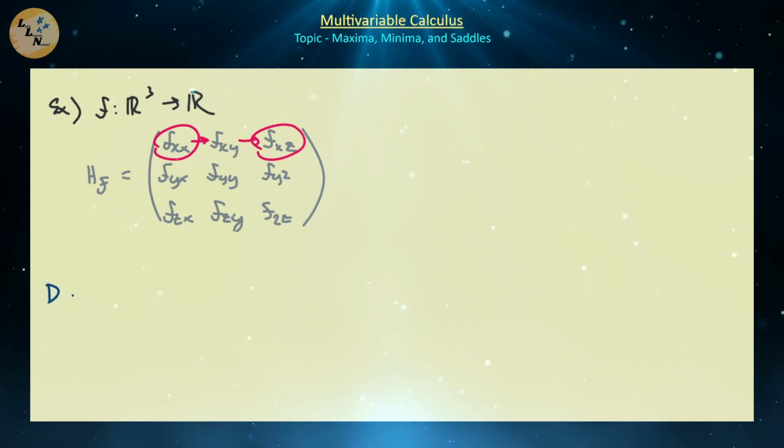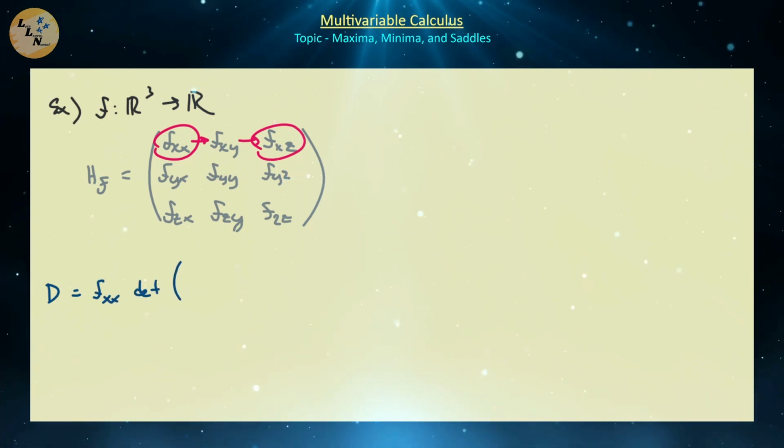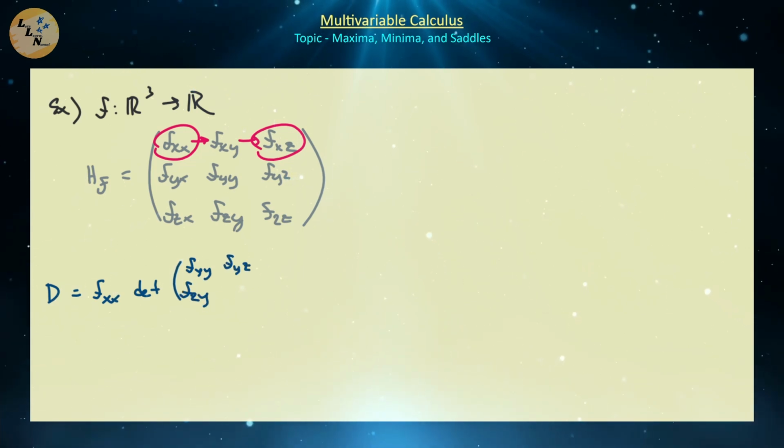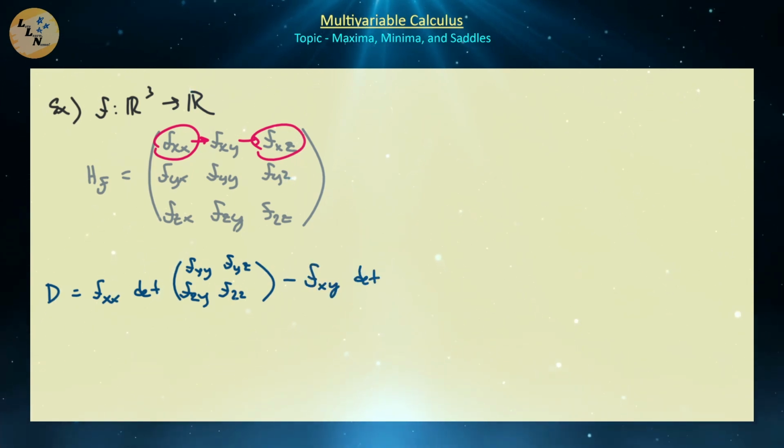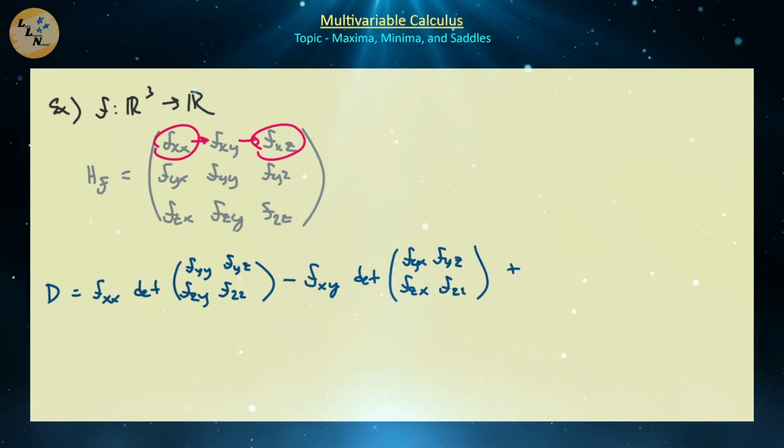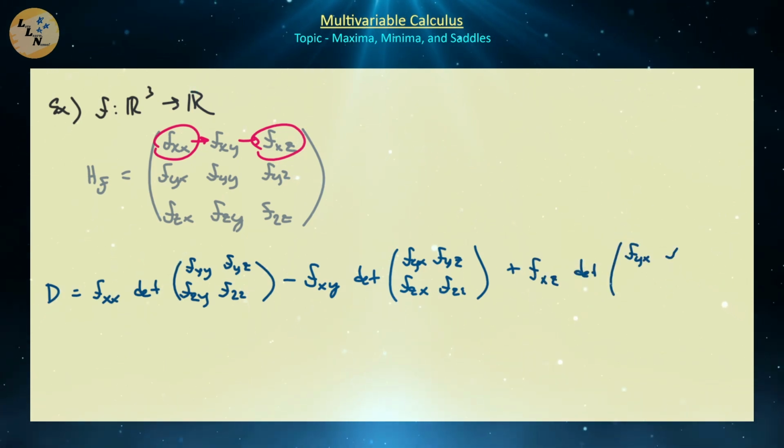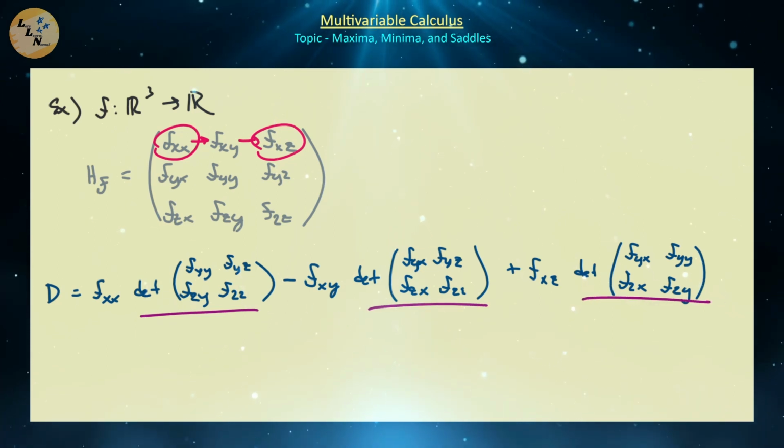So D can be represented as fxx times the determinant of fyy, fyz, fzy, fzz, minus fxy times the determinant of fyx, fyz, fzx, fzz, plus fxz times the determinant of fyx, fyy, fzx, and fzy.